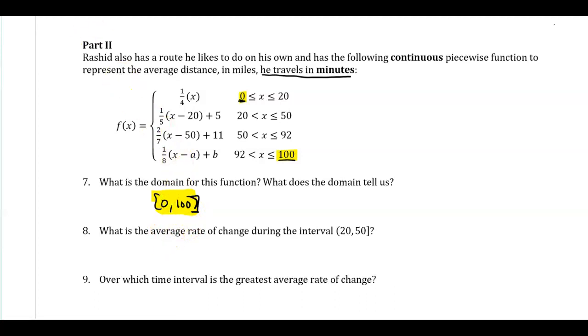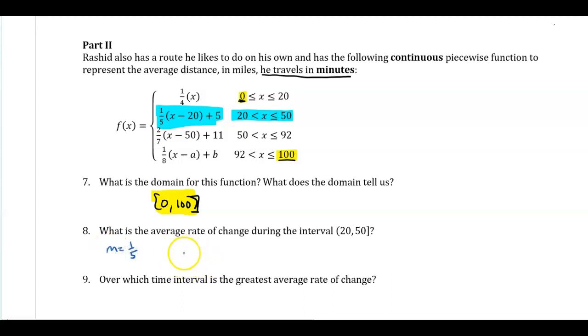What is the average rate of change over the interval 20 to 50? So if we look, 20 to 50 is here. So when I look at this function, it's linear. What is the rate of change there? Right? The slope of that is 1/5.